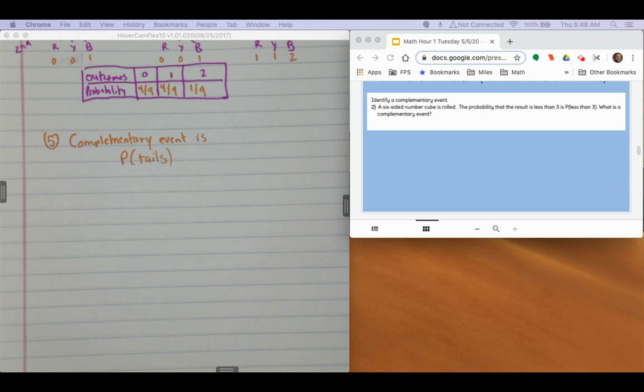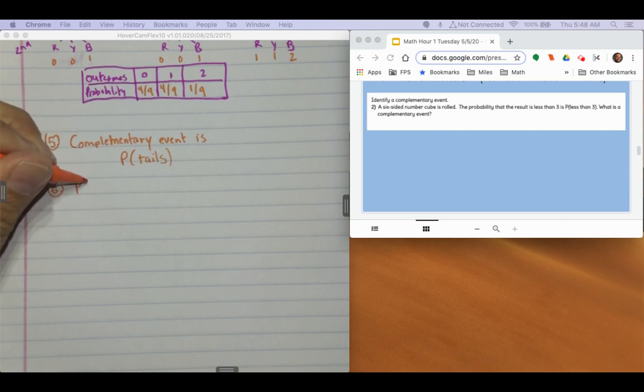A 6-sided number cube is rolled. The probability that the result is less than 3 is probability less than 3. What is a complementary event? Complementary event would be probability is 3 or greater.